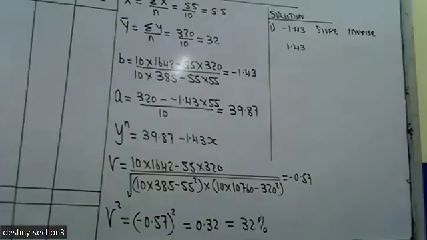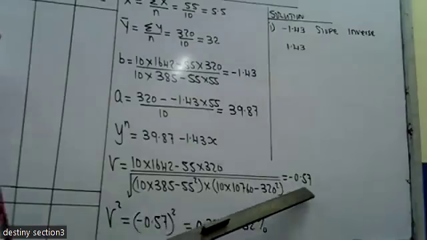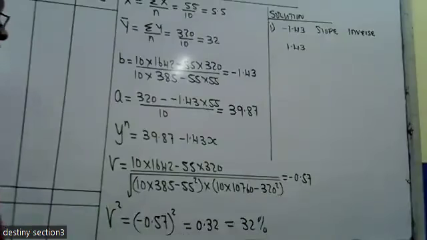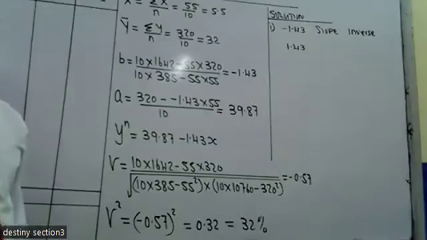But still on that, now that we have computed R, this was negative. R should never be negative. Did you get a negative or a positive? R should be between 0 and 1. 10 times 1642 minus 55 times 320 is negative.